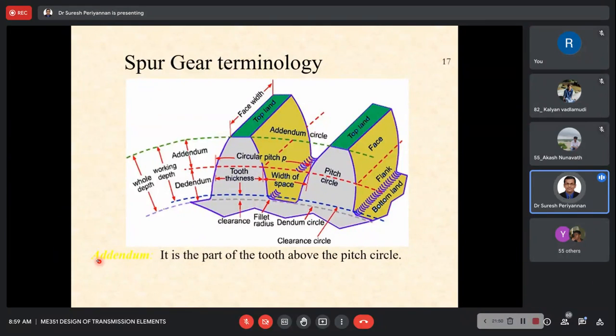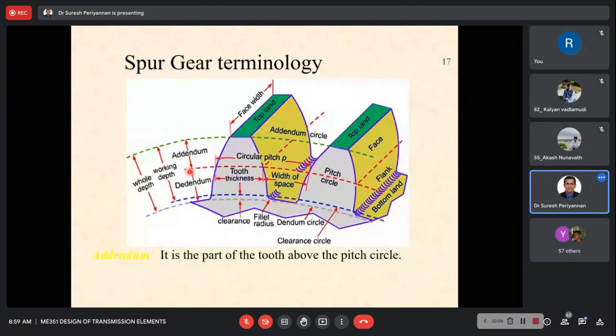Next one, addendum. What is addendum? It is the part of the tooth above the pitch circle. From the pitch circle, what is the distance? From the pitch circle to the addendum circle, the distance is the addendum.